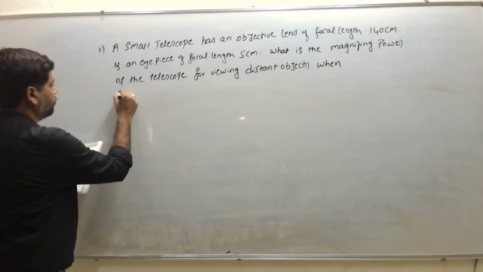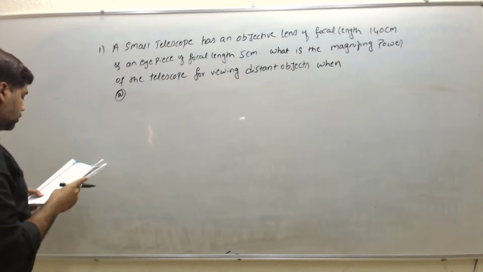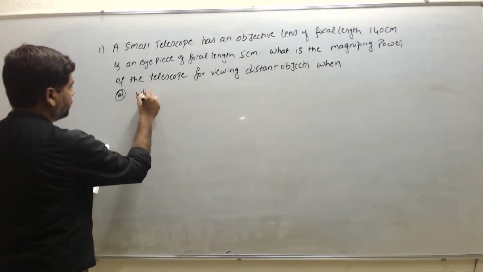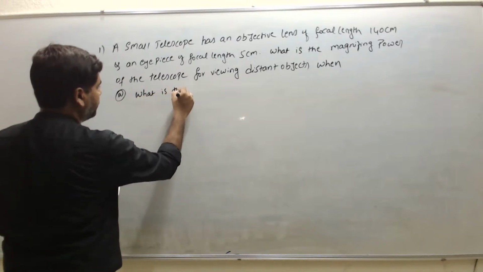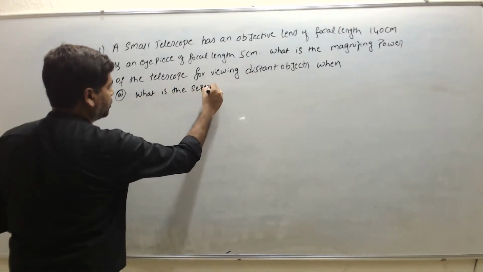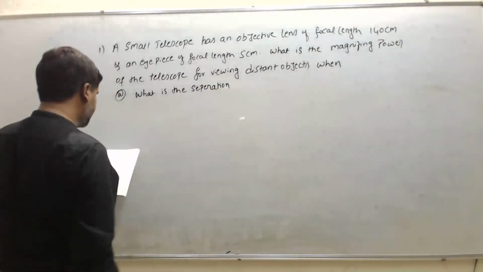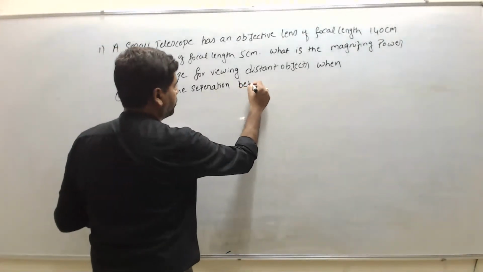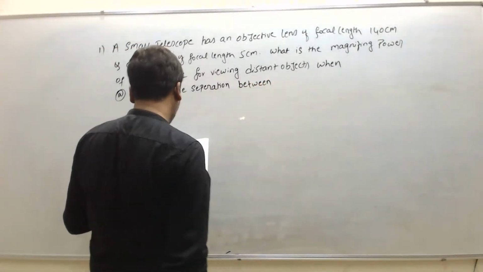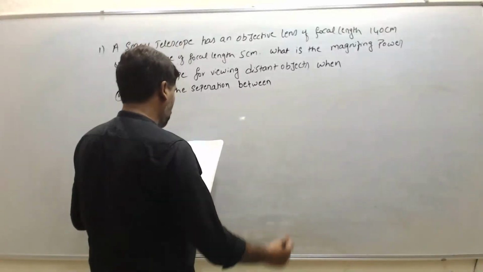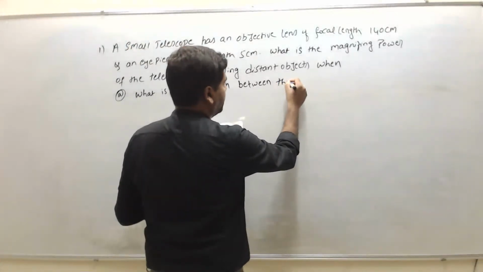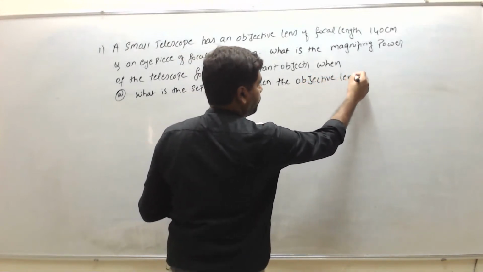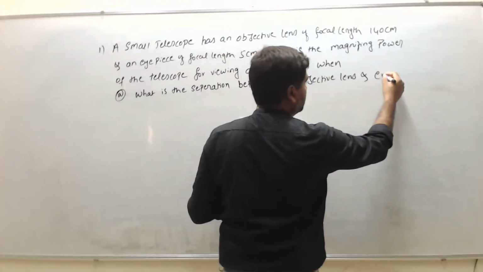For the same question we have a few more sub-questions. The first one: what is the separation between the objective lens and the eyepiece?